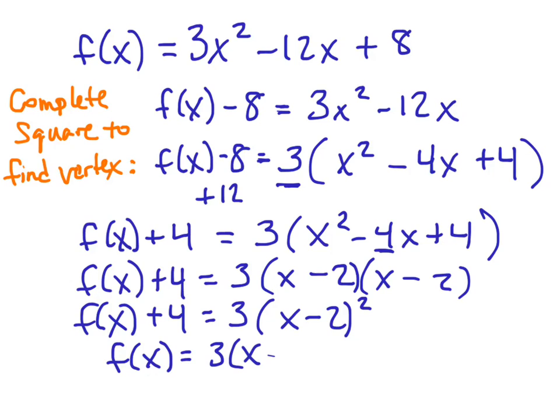It was added, so I'm going to subtract, minus 4. Now that this is in vertex form, it would be easy to find the vertex just by looking in the right spot. So my h, k, or my vertex, is 2, negative 4. And that's the vertex.